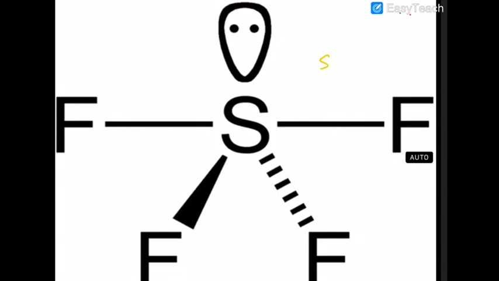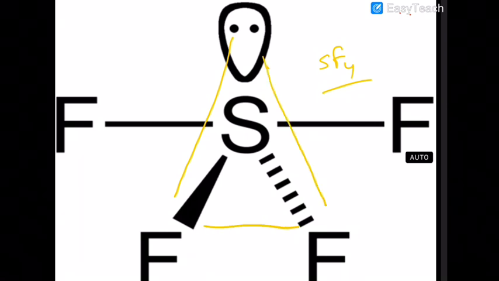Look at the position in SF4. In case of SF4, one of the equatorial positions is occupied by the lone pair. So these are three corners of the trigonal plane. This fluorine and this fluorine are above and below the trigonal plane.